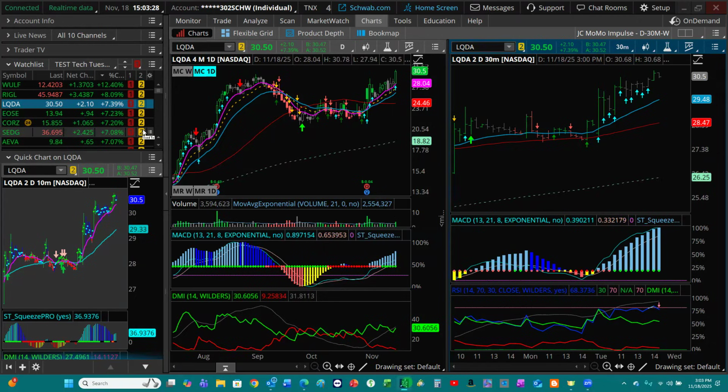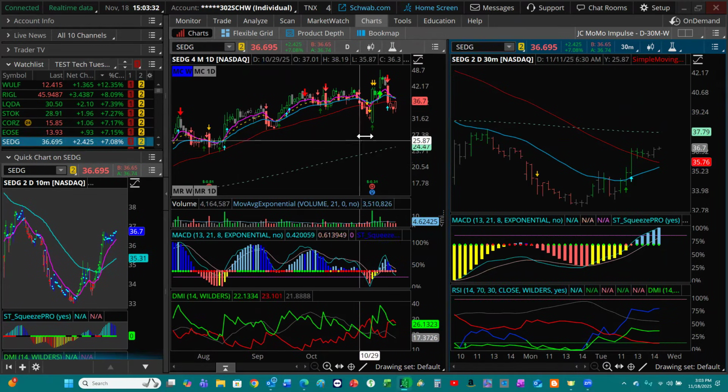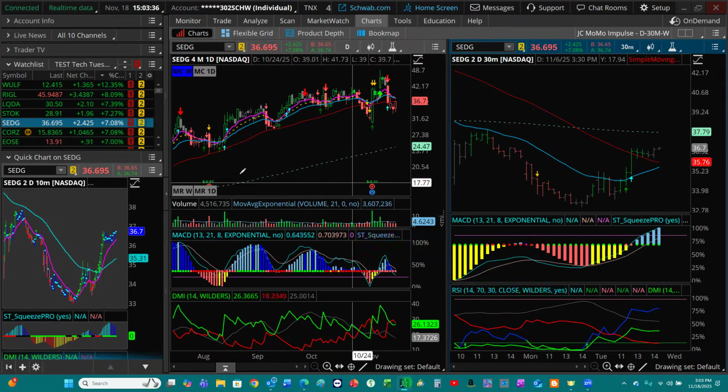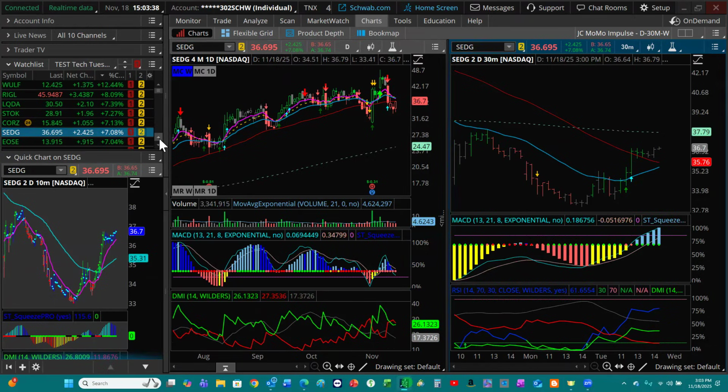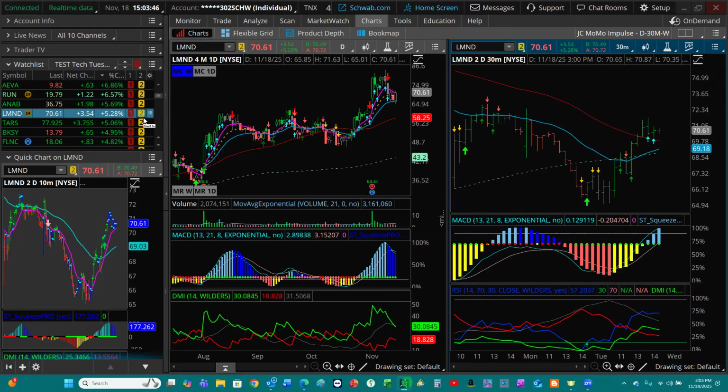So here's Solar Edge right there, just coming up off the bottom. Maybe it's making a recovery right now. But that's the way you can create a watch list and then use it in Thinkorswim. Here's Lemonade. Let's see what else we got over here.